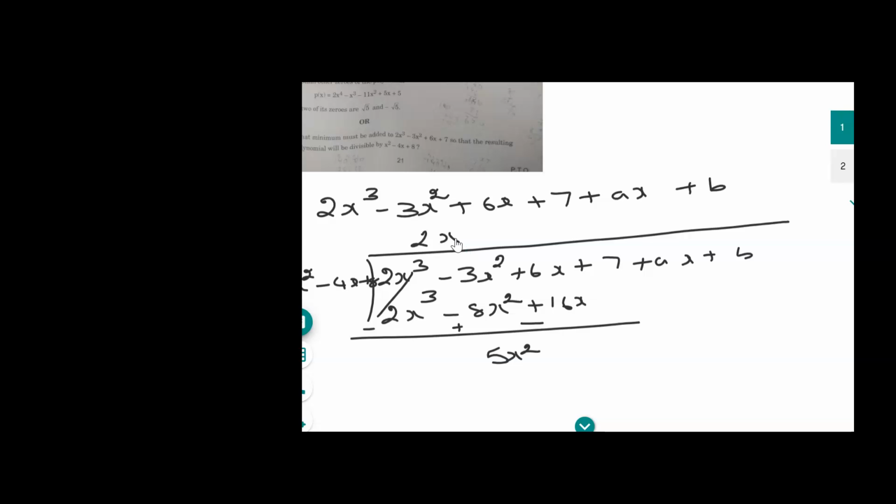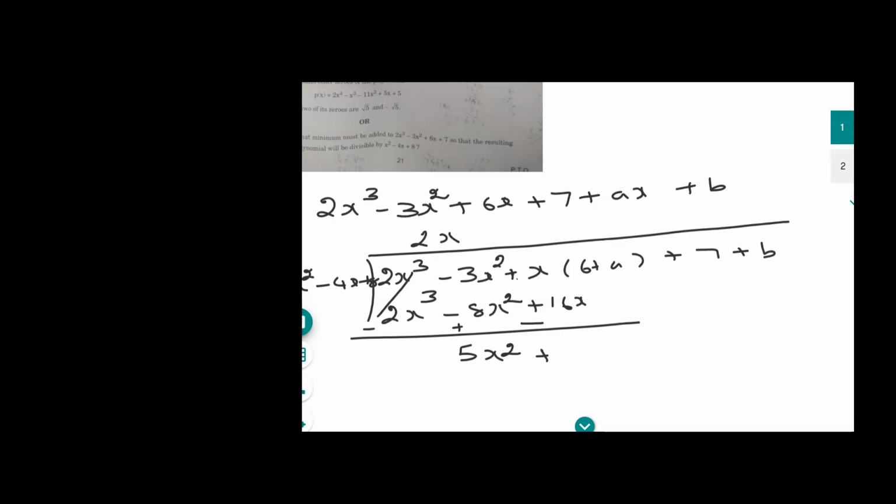Before that, let us take x as a common factor, so that it will become 6 plus a, and 7 plus b is the constant term. So now we are going to subtract 6 plus a and 16x, so that would give you 8 minus 3 is 5x squared.